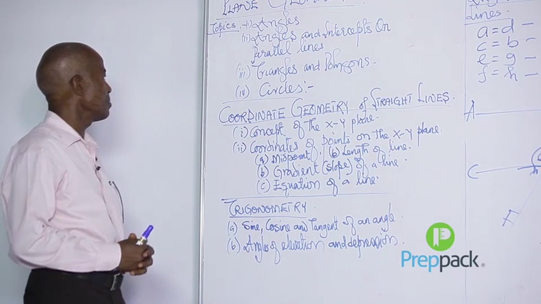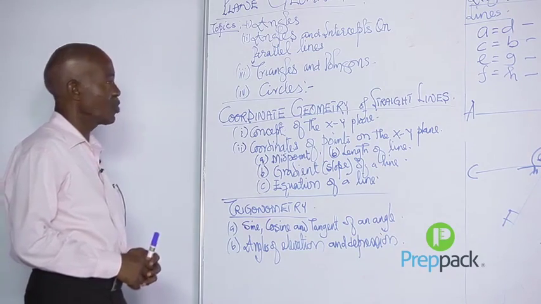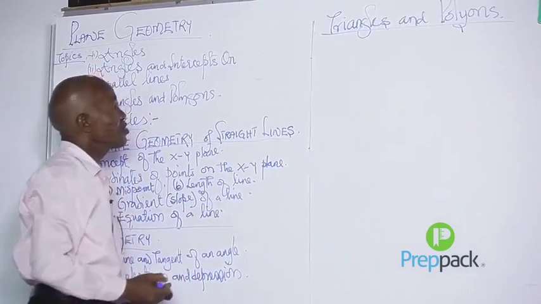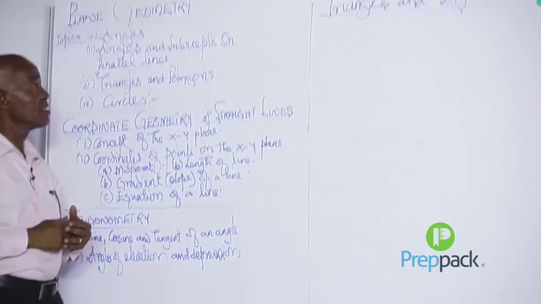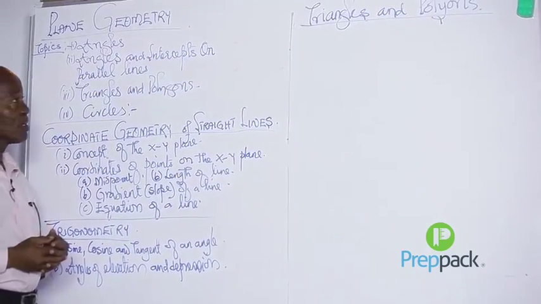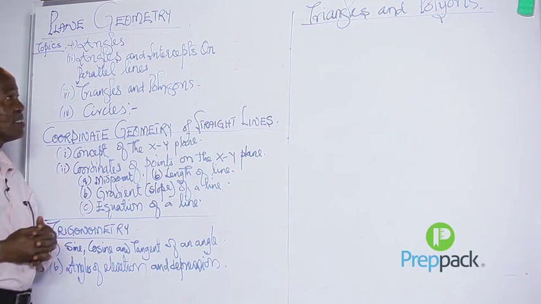Now, from there, let's look at triangles and polygons. By the word triad, which is a Greek word, tri means 3 angles. Poly means many.